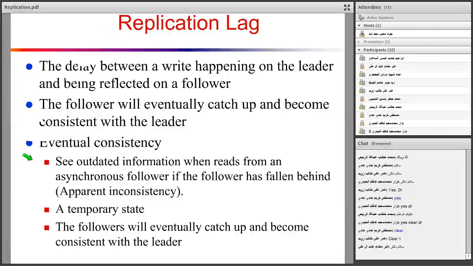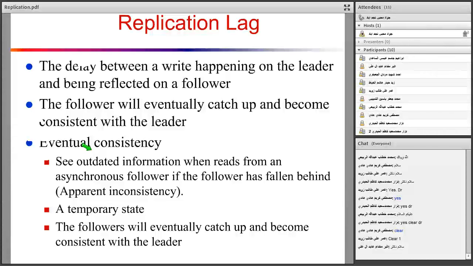Because in this period of time, in the replication lag, when a client wants to get information from the followers, it's possible that the client receives outdated information.